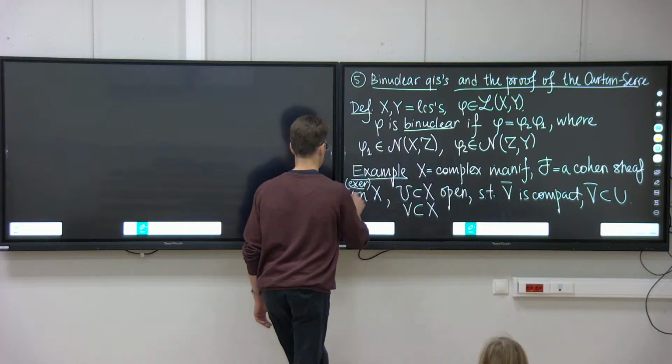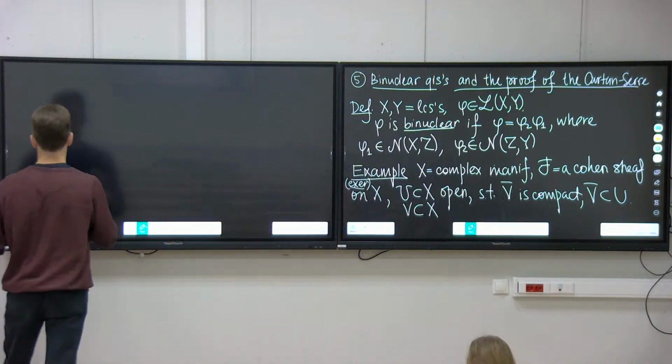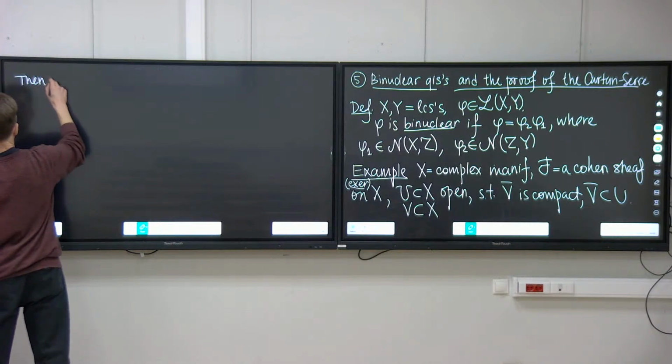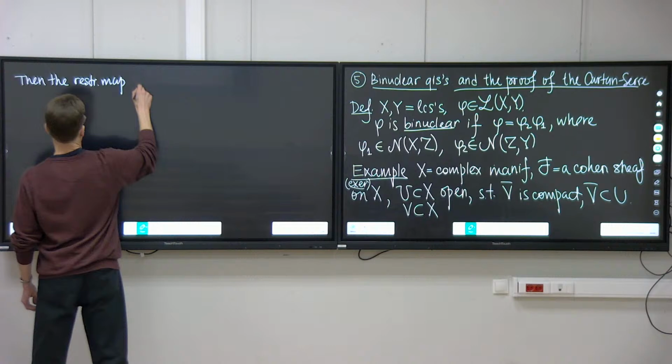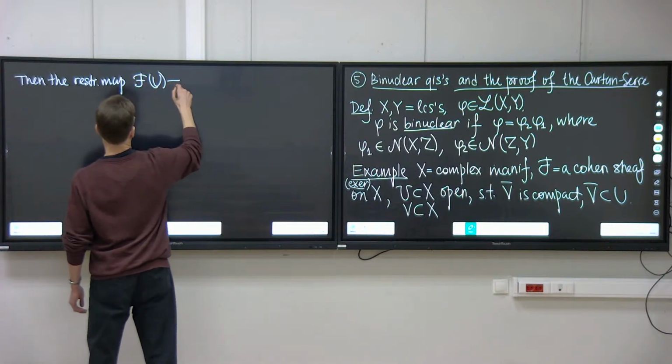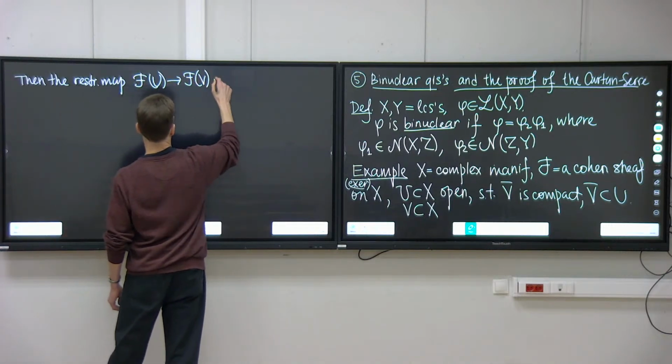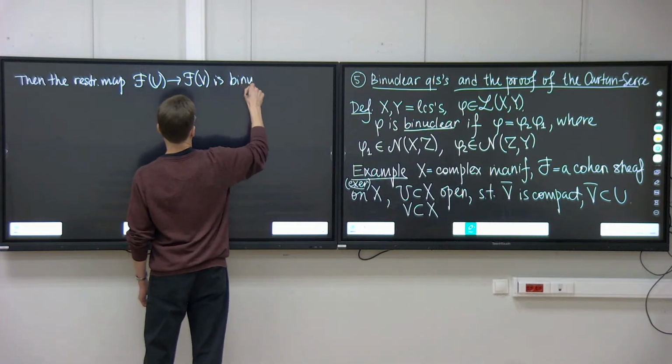So I claim, and this is an exercise for you, that the restriction map from F of U to F of V is binuclear.